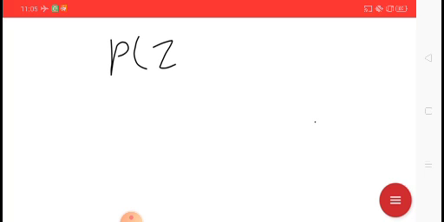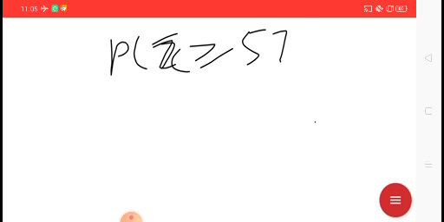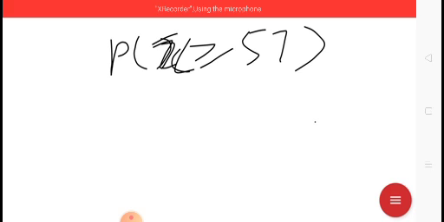Now you need to find P(X larger than or equal to 57). If I want to convert this to Z, what should I do?